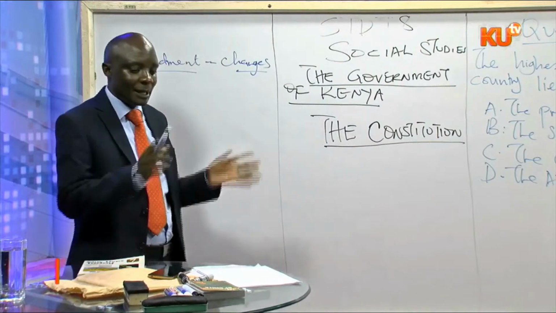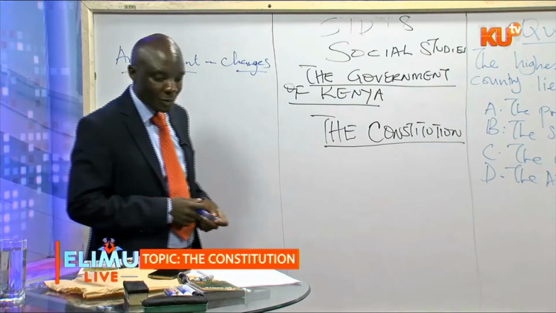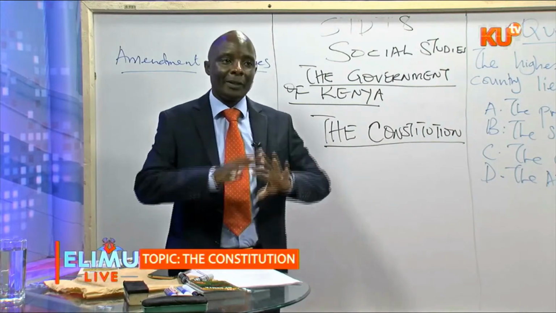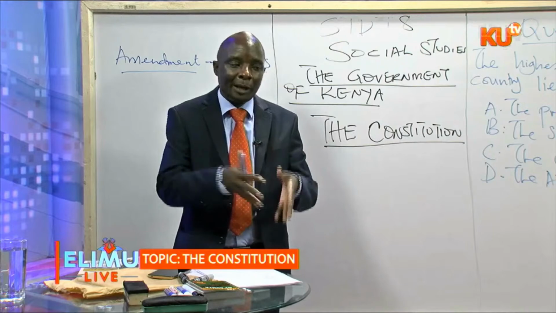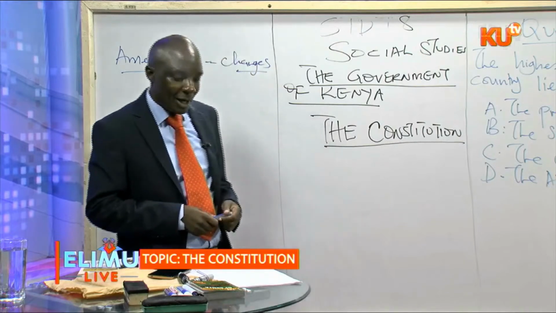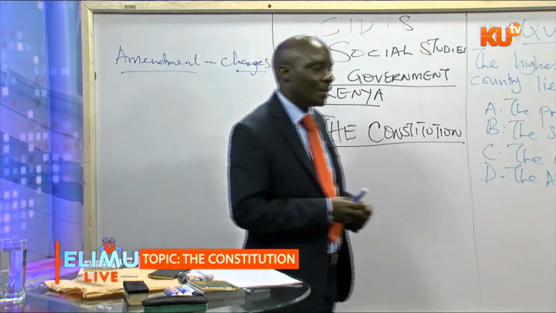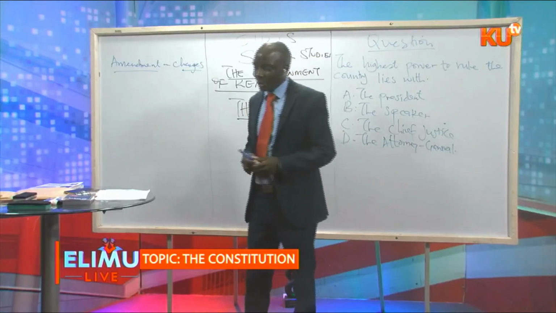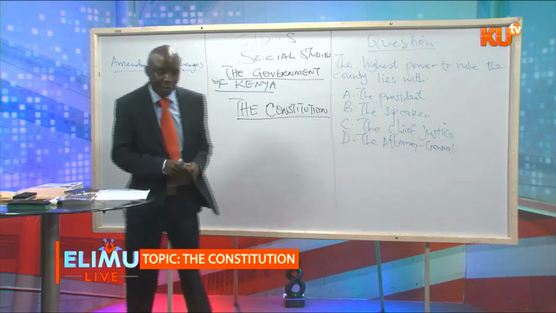So amendment is making changes to a constitution, and our constitution has been changed over and over. There are some amendments which have been made on it, and sometimes when we need a broader look at the constitution, then we talk about a review of the constitution.